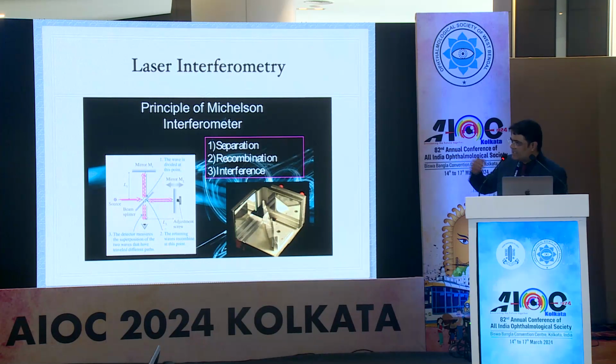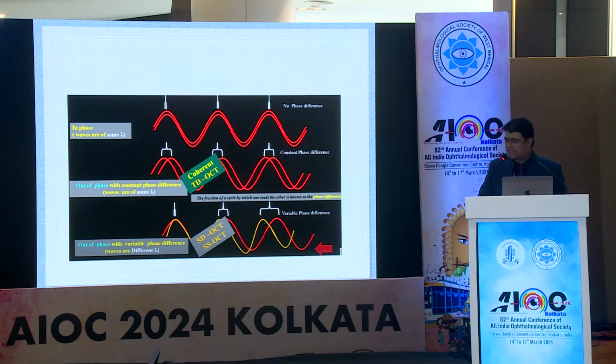Once the light comes back again, there is a detector. So this is the source of light which gets split by the beam splitter, and both the lights travel back, and then this detector detects the length of the path which the light has traveled, and gives us the axial length. This is the basic principle which you have learned in physics.